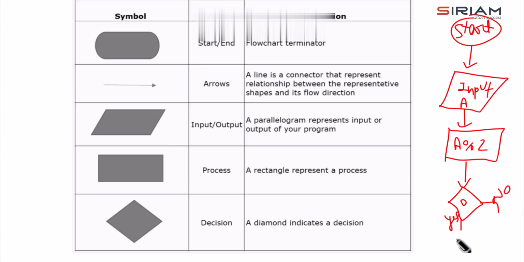And if it is no, then O. O means odd. Sorry, it will be a parallelogram. We'll write O. And after this, finally, the program will end, so we make an oval again and write end. So this is one flowchart.